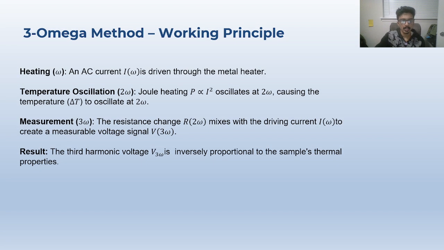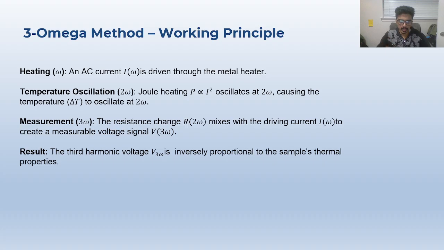So this is the working principle for the 3 omega method. Initially, as mentioned earlier, it uses heating from a periodic source. For that, it uses an AC current I at frequency omega, which is driven through the metal heater, and that causes joule heating in the temperature plate, which also acts as a thermometer.